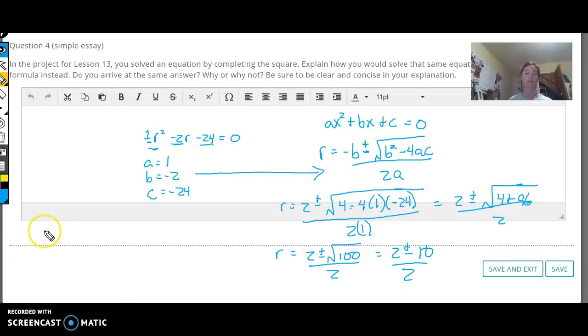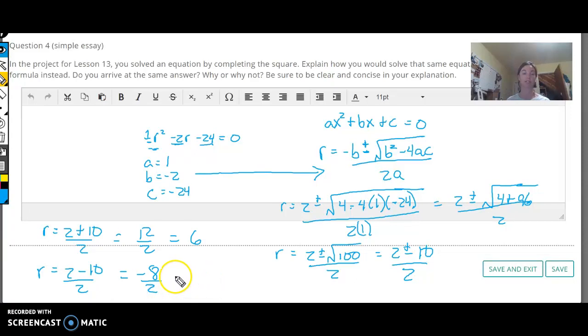So one answer is going to be r equals 2 plus 10 over 2, and the other is r equals 2 minus 10 over 2, which this is 12 over 2, and that's 6. This is negative 8 over 2, which is negative 4. Okay, so to answer this question, we did end up getting the exact same answers, thank goodness.